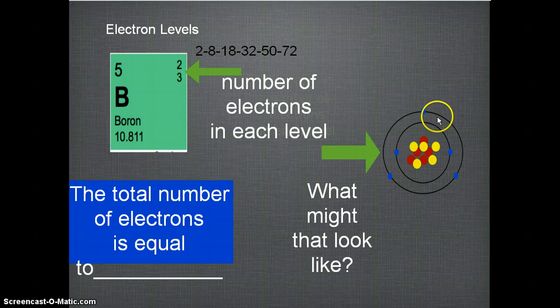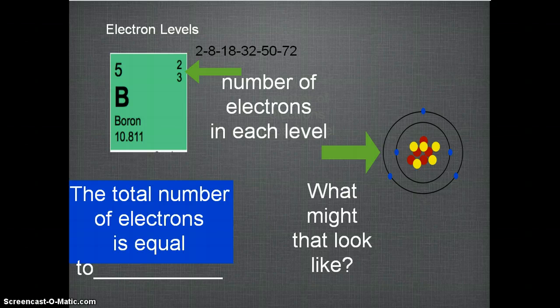So this is actually a lie. This is not true. But to really grasp what it looks like, it's mind-blowing. So this is an 8th grade way to understand what it might look like. The total number of electrons is equal to, you should fill in this blank and say number of protons or atomic number.